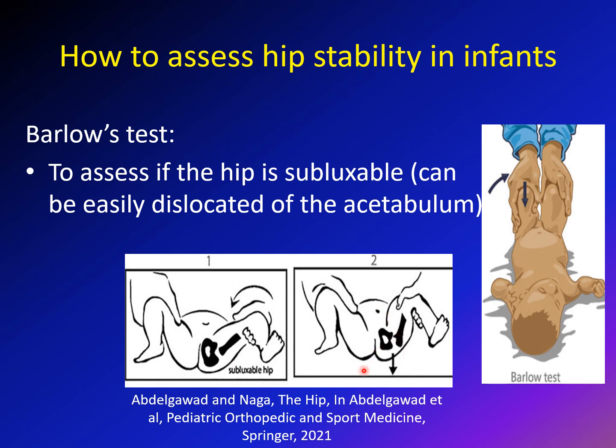If that happens, that's called Barlow positive, meaning the hip is not stable and it can be pushed out of the socket. So in the Barlow test, you're bringing the leg from outside inward, meaning adduction, and you push backwards, and if it's positive, the hip will come out of place and you will feel the clunk.